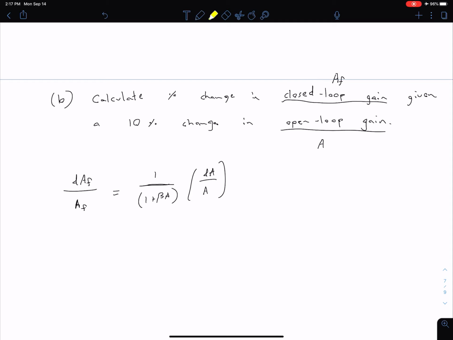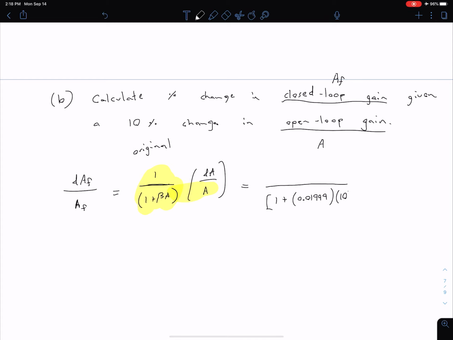It's important to note that all of these values here are our original values. So all of our changes are encompassed in this dA_F and this dA term. If we plug in the values, including the beta that we just found in the previous part, we have down here in the denominator 1 plus, and now our beta value, if we use our exact one, 0.01999.